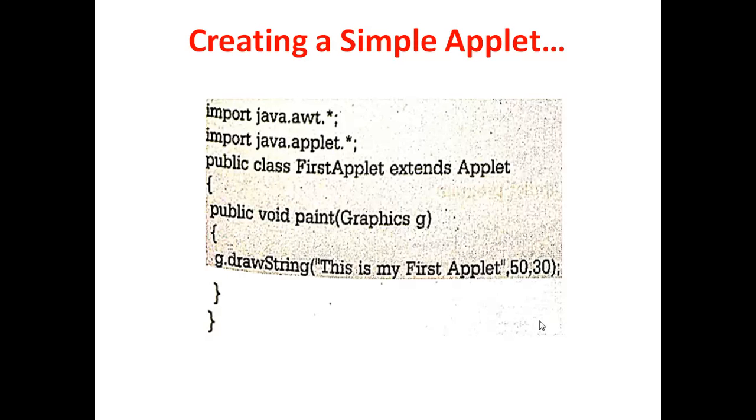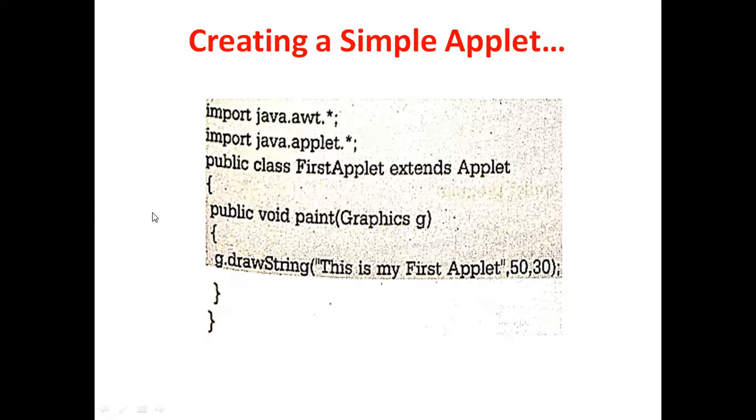Therefore, we have called this drawString function by using the object g, which is the object of the Graphics class, which is used in the applet. So g.drawString("This is my first applet", 50, 30). 50, 30 is the location where we want to display this string. 50 is the row and 30 is the column.